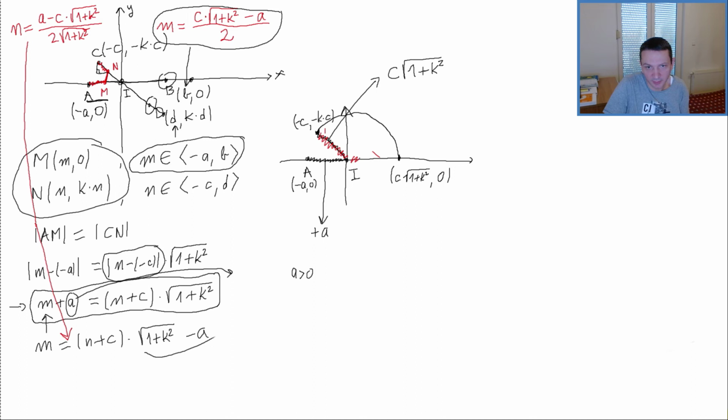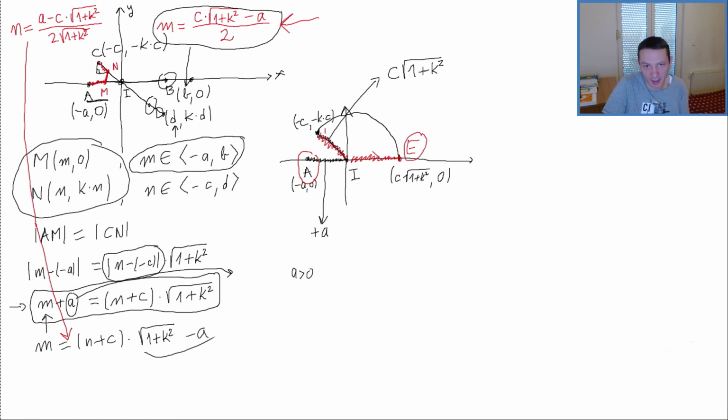So in the way that this line segment is equal to this one, we actually can interpret this formula for m to be a midpoint between this A and this point, let me call this point E, for example.